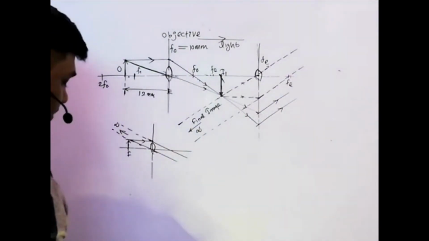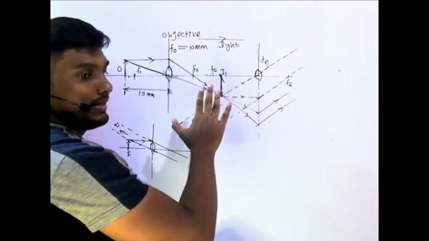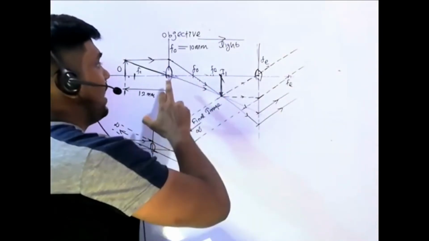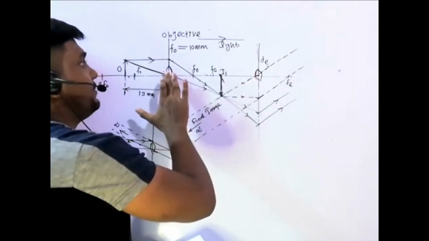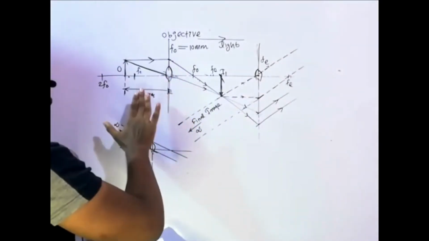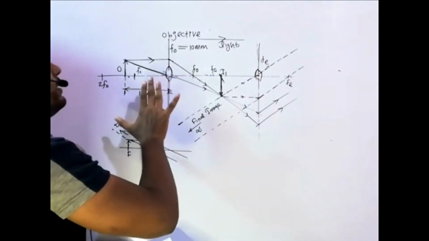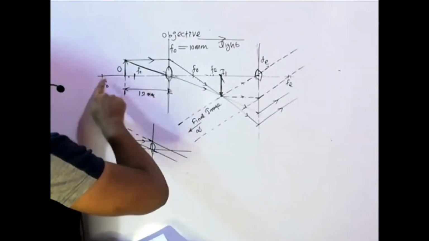It's not difficult. Here, when I was drawing this diagram, I didn't draw two lenses at the same time. I just drew this one, and we decided that in all microscope cases, we keep our object between f0 and 2f0.